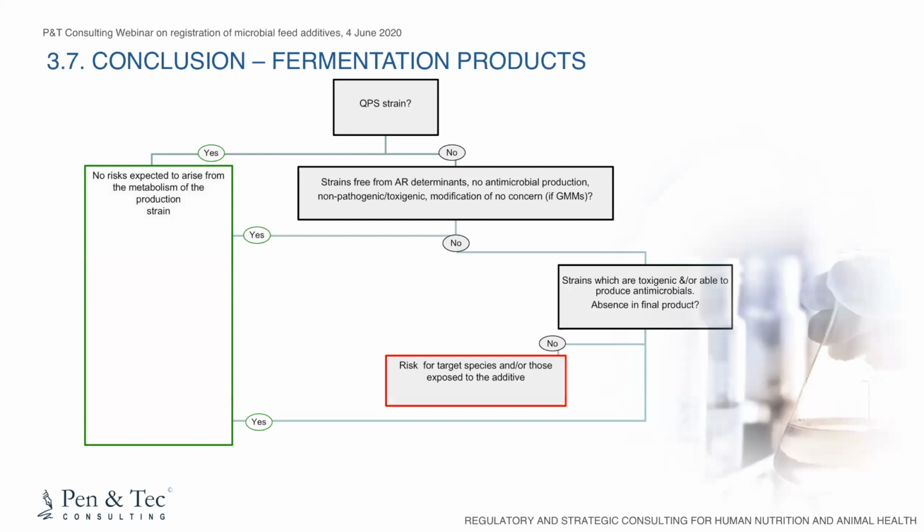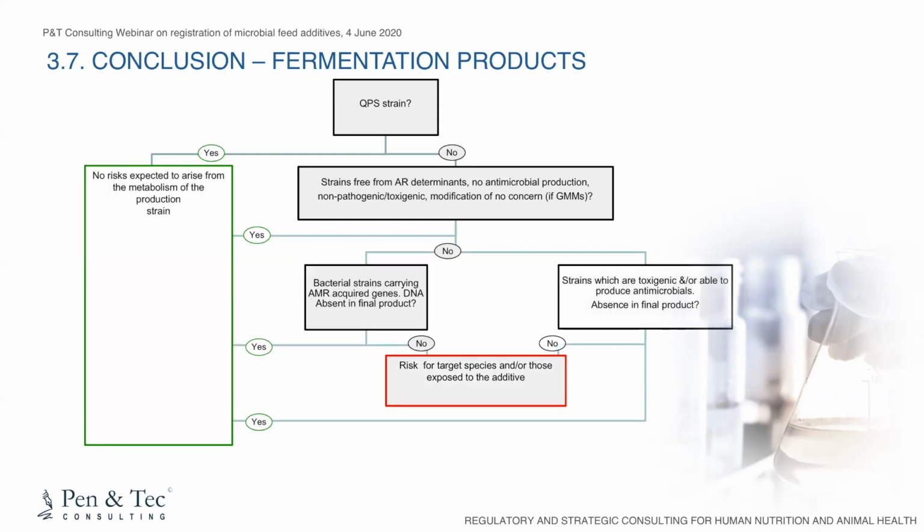Other microbial strains that produce feed additives could be toxigenic and or able to produce antimicrobials, and these would be considered a risk, unless the absence of the relevant toxins and or the antimicrobials can be demonstrated in the final additive.